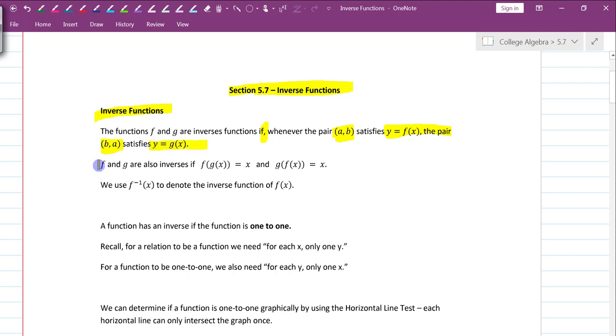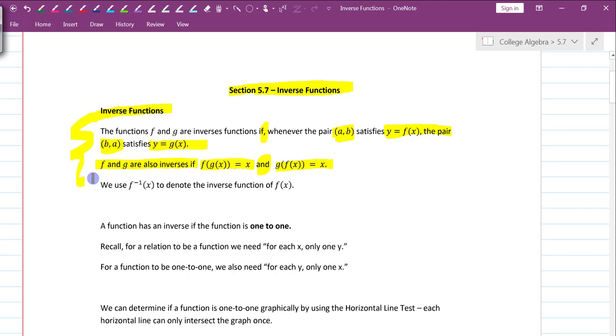And f and g are also inverses if the composite of f composed with g equals x and g composed with f equals x. They both have to equal x.